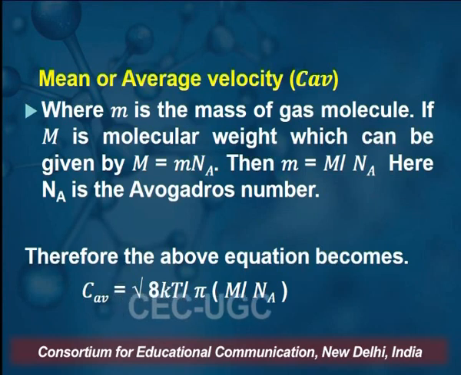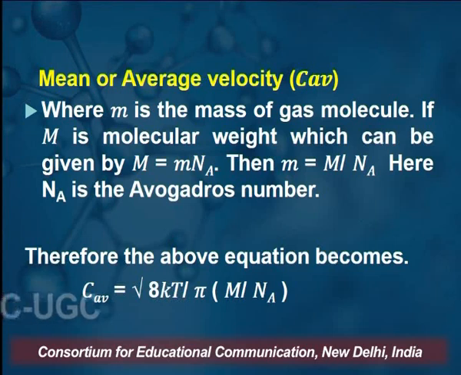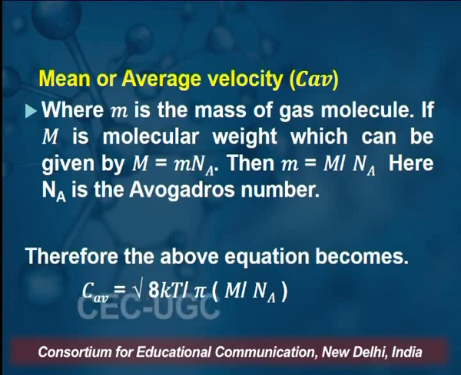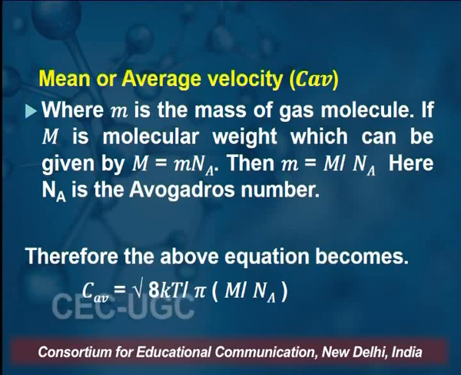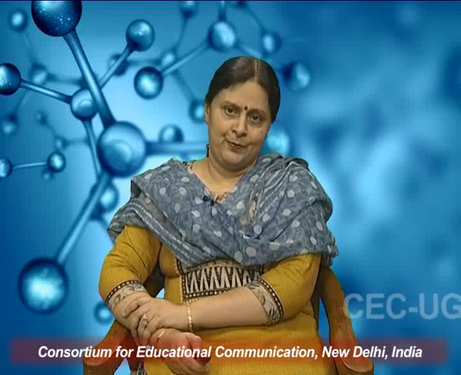If we take capital M as the molecular weight, it can be written as M is equal to small m into Na. This means that small m is equal to M by Na. Here Na is the Avogadro's number. Therefore, the above equation will now become C average is equal to root of 8 kt by pi (M by Na). So, this is C average.